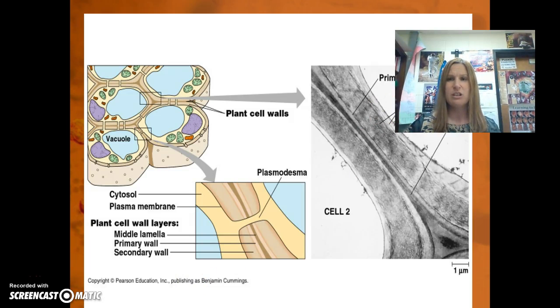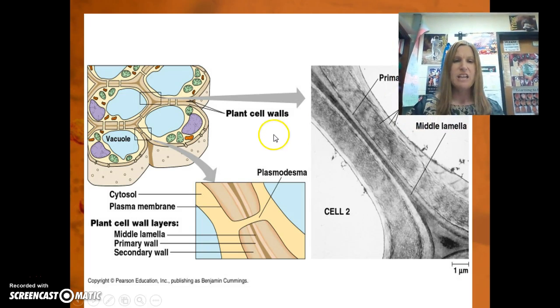So let's take a look at a picture really quick here. In this picture, we are looking at various cells, and then it takes a little section right there so we can see what it looks like. In the cartoon version or the diagram version, we see the cytosol, which is cytoplasm, the plasma membrane, which is our cell membrane, and then we're going to see the secondary wall, which we'll talk about in a moment, the primary wall, and then the middle lamella.